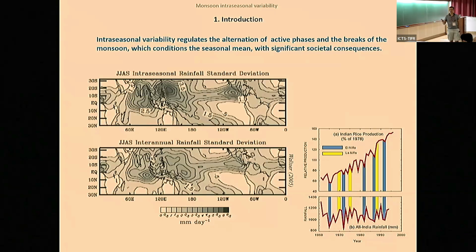Because of that, the season mean or season cumulated precipitation is going to depend a lot on the intraseasonal variability, and so the interannual variability of rainfall will also depend on what happened at the intraseasonal scale. It can be seen in the similarity of the maps of intraseasonal standard deviation of precipitation and interannual standard deviation of precipitation. You can see that the patterns are very similar.